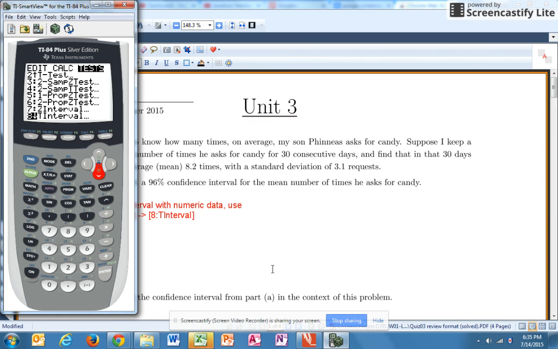Okay, so once we get to T-interval, we have the stats for the sample, not the raw data. And so we enter that in.